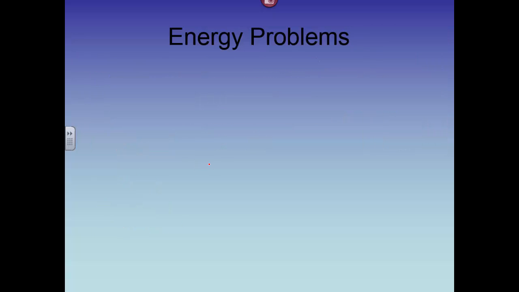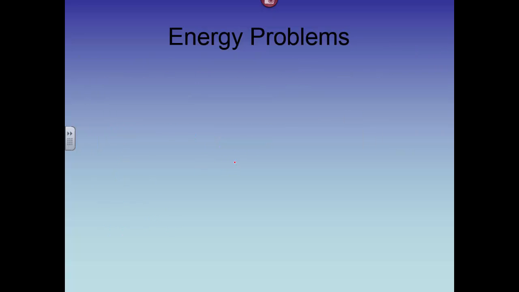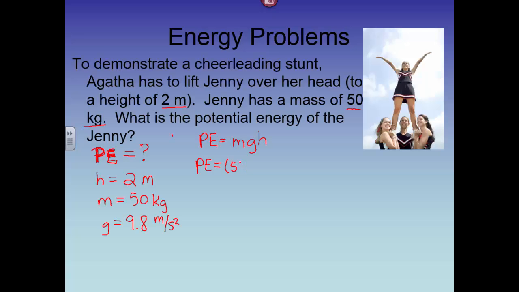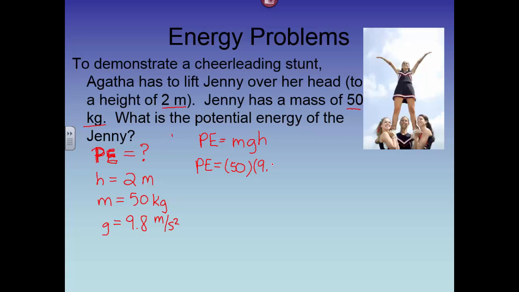So that means my potential energy is 50 times 9.8 times 2. You could do that on your calculator and you would end up with 980, and the label for that is joules. 980 joules.